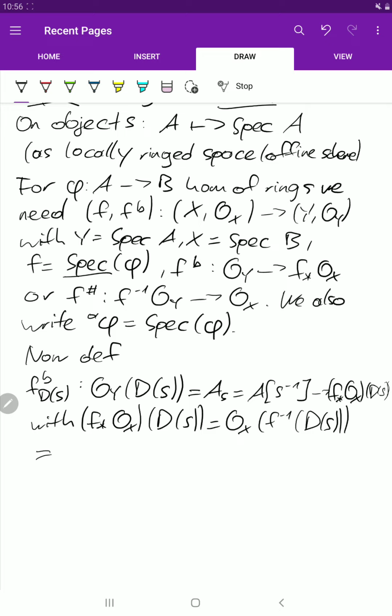Now f was defined as the spectrum of phi, so that's just the inverse image under the spectrum of phi, and you can easily show that that's just O_X of D(phi(s)), and well, that's easy now. This is the localization at the element phi(s).